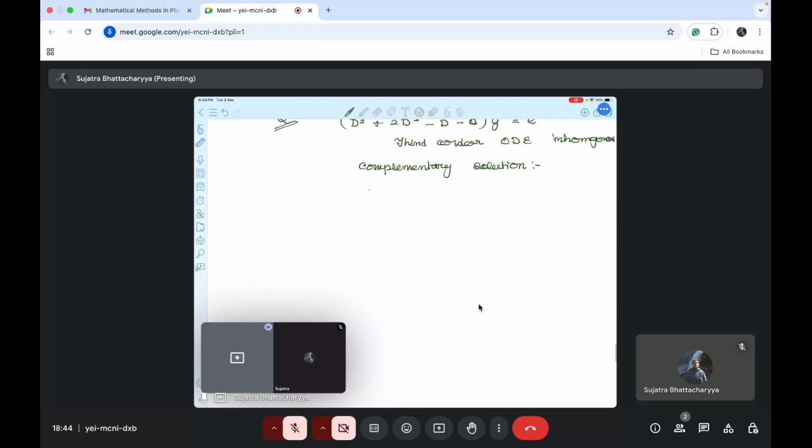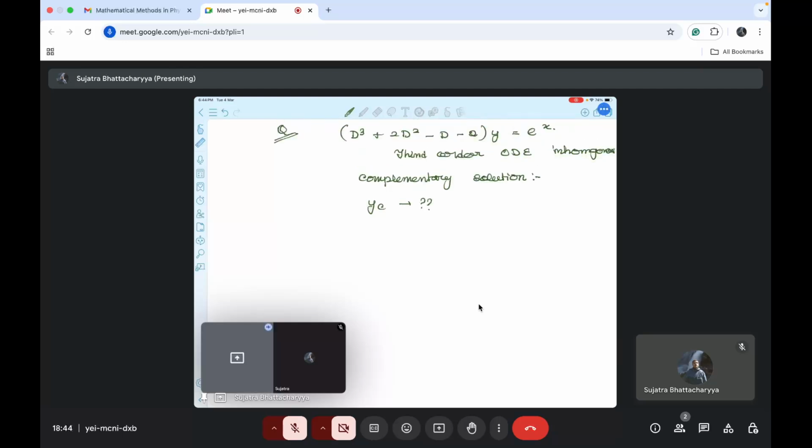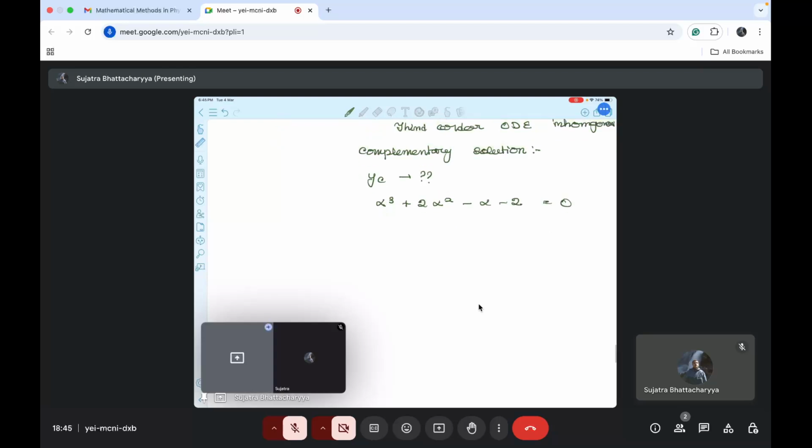So your y of c, how to find it? We know the procedure: you have to find the auxiliary equation, which is equal to 0. Just put alpha equal to 2 and see whether it becomes 0 or not.